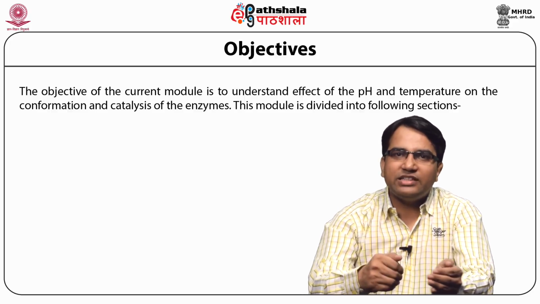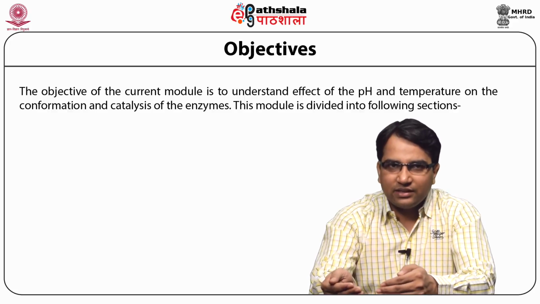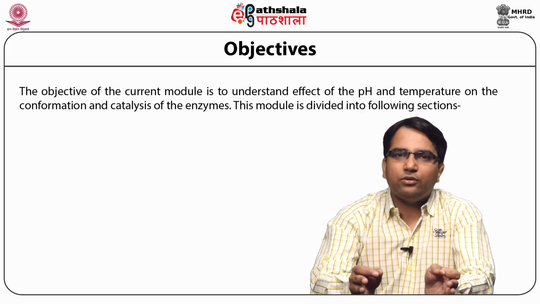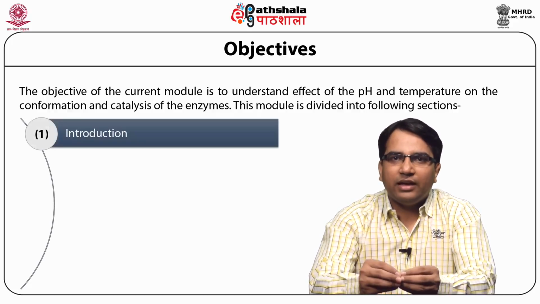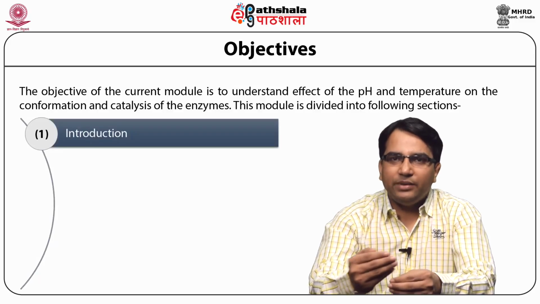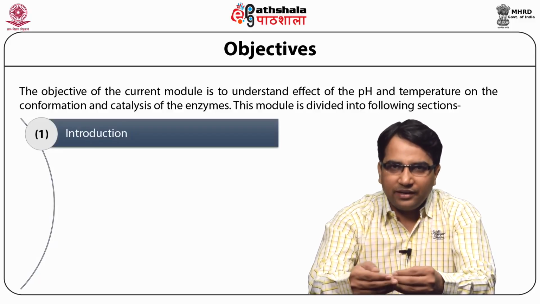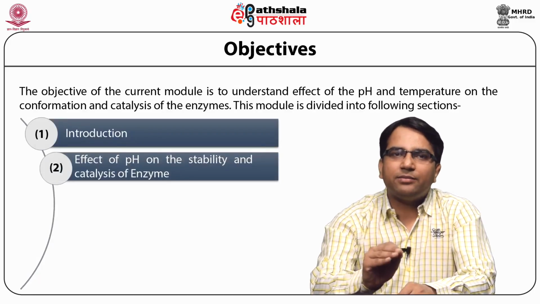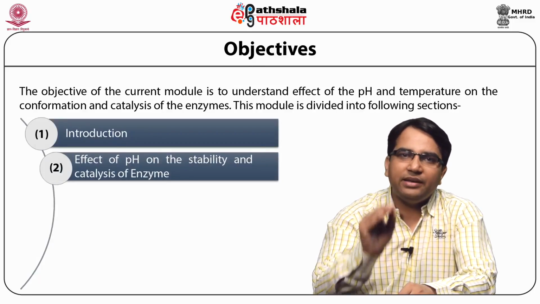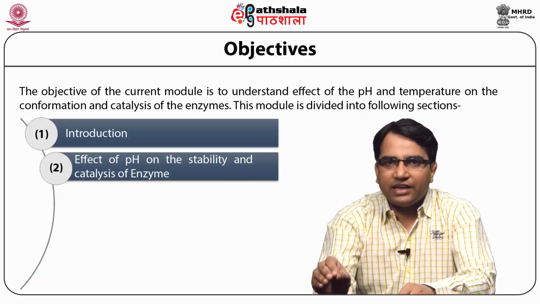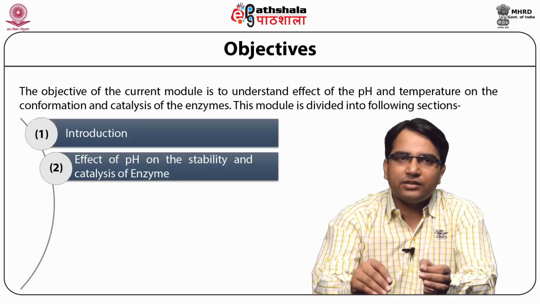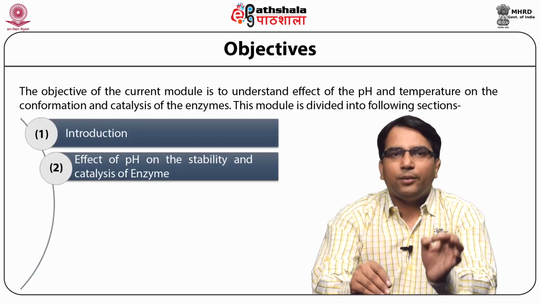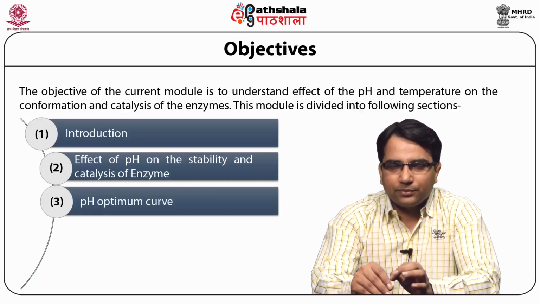So this module is divided into following sections. First, we will discuss the basics of enzyme, its pK and its stability. Second, we will discuss the effect of pH on the stability and catalysis of the enzyme. Then we will discuss what the pH optimum curve is.